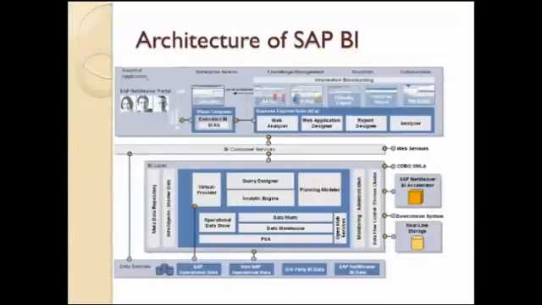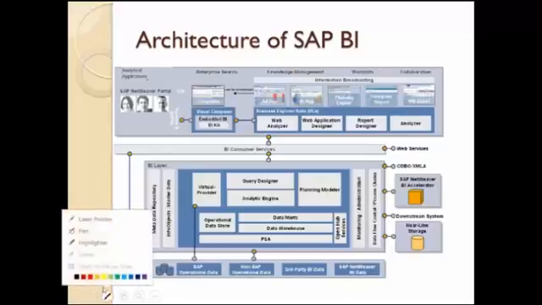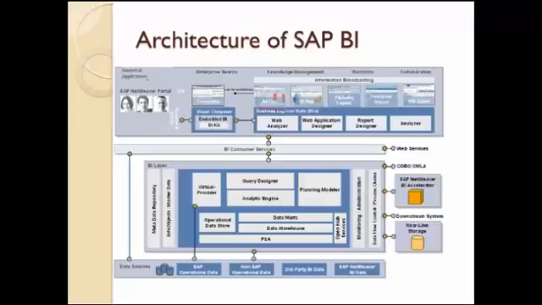Next, let's look at the architecture of SAP BI in more detail. Generally speaking, when we talk about BI, we can break BI into two parts: the front end and the back end. The front end is shown at the top, which basically is made of the various tools that consume business intelligence. And as you can see, traditionally, at least for SAP, you have the Business Explorer or BEx suite of tools, including a web analyzer, web application designer, report designer, and analyzer, and so on.